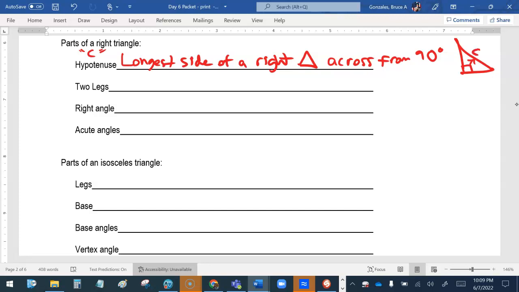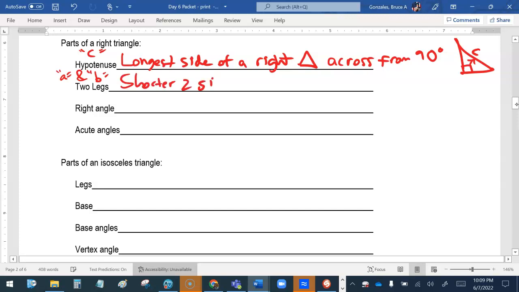Okay, your 2 legs, also known as A and B, are the shorter 2 sides of a right triangle next to the 90 degrees.